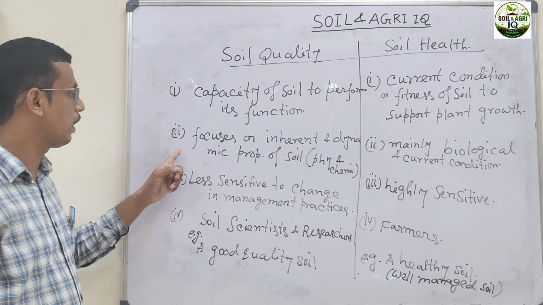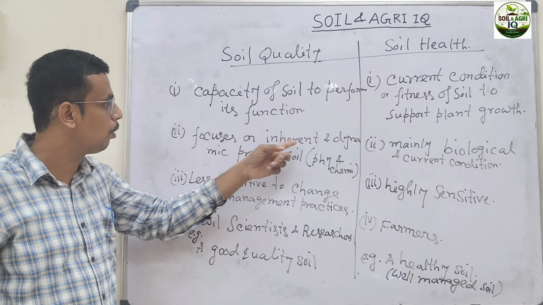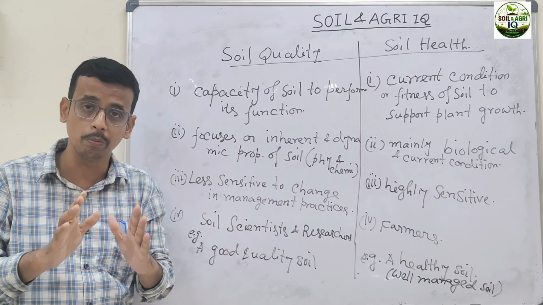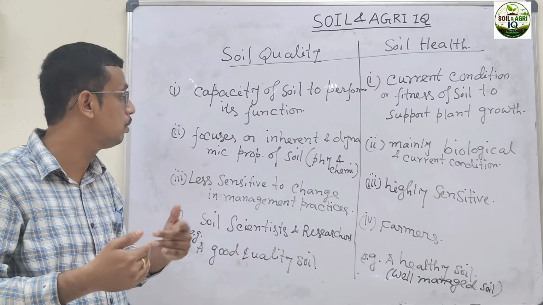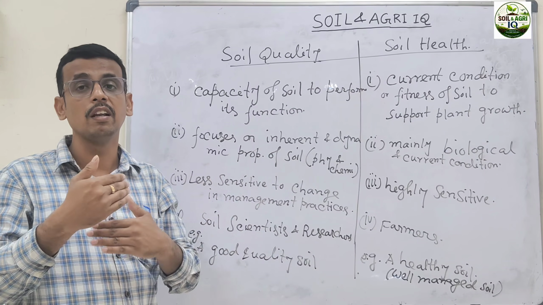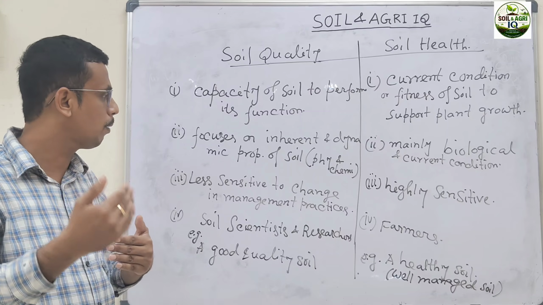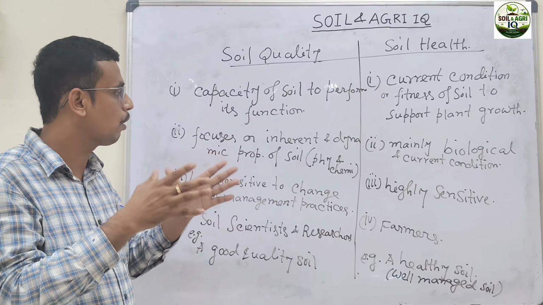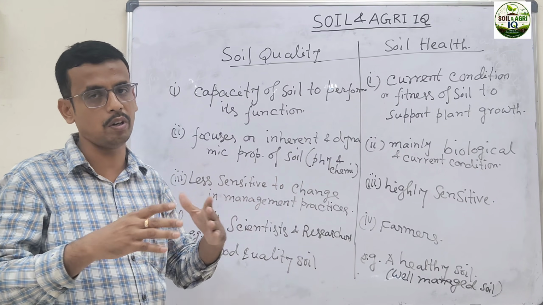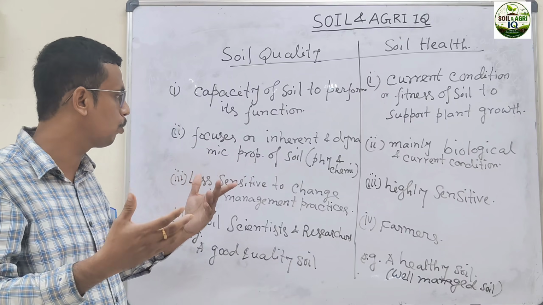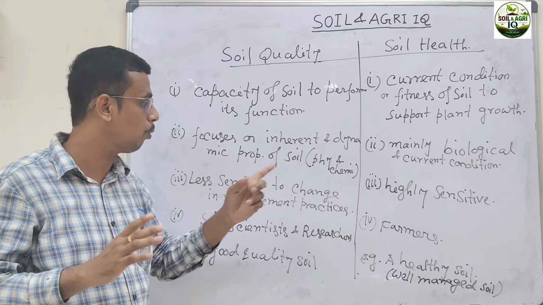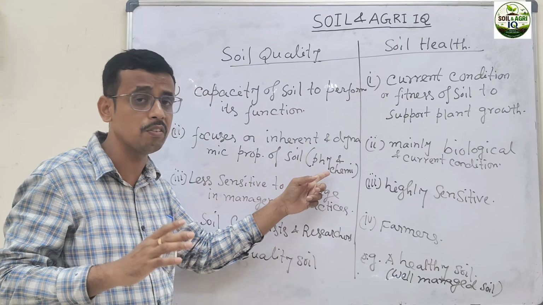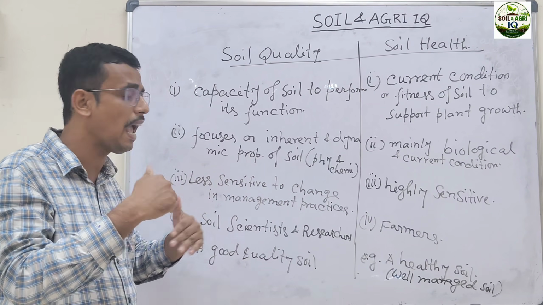Now coming to the second point, this focuses on the inherent and dynamic properties of the soil. Some are inherent properties like soil texture and particle density, and then dynamic properties like soil structure. Basically they consider physical and chemical properties like pH, EC, nitrogen and nutrient status. Soil quality considers both physical and chemical properties, inherent and dynamic.